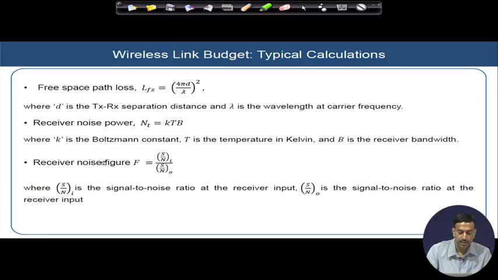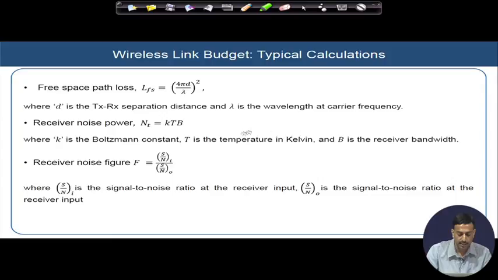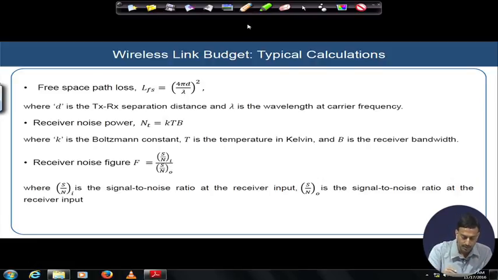The receiver noise figure, which is the property of a given receiver, is defined as the signal to noise ratio at the input divided by the signal to noise ratio at the output. Sorry, I think this should be output. And it basically captures the amount of noise that is added in the receiver system itself.